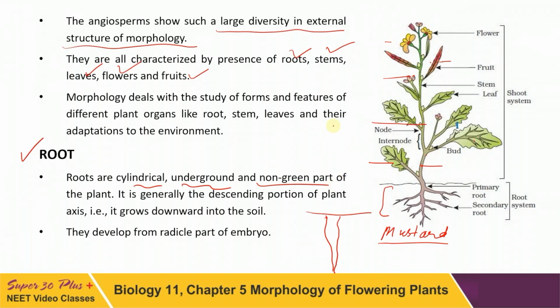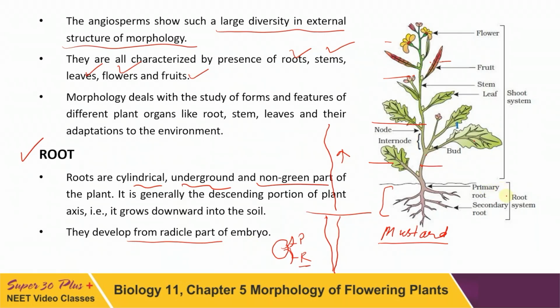If this is the central axis of the plant, this is the descending one, and the stem is the ascending portion of the plant. It grows downward into the soil. And it develops from the radicle of the embryo. When the seed germinates, the embryo consists of the radicle, and the root develops from the radicle of the embryo.